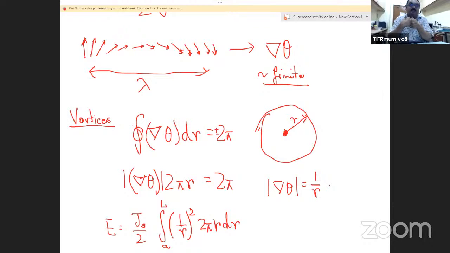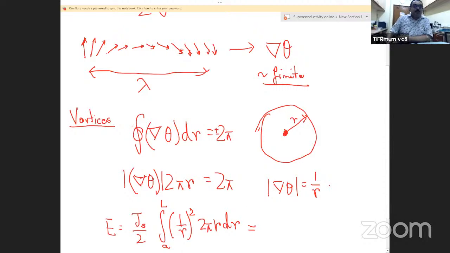And the current density is not something that can diverge. If it diverges, then you will have infinite kinetic energy for the Cooper pair and you will destroy superconductivity. That is how you have a vortex core. When the kinetic energy is enough to break the Cooper pair, you get a normal metal core. Okay, we'll come to that, but for the time being, let's continue.